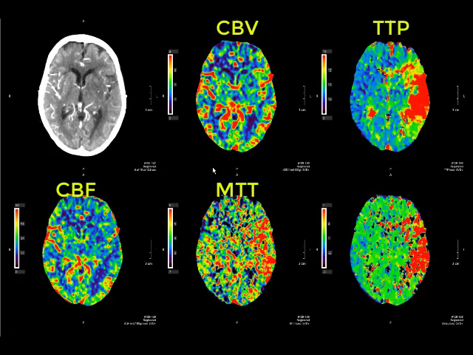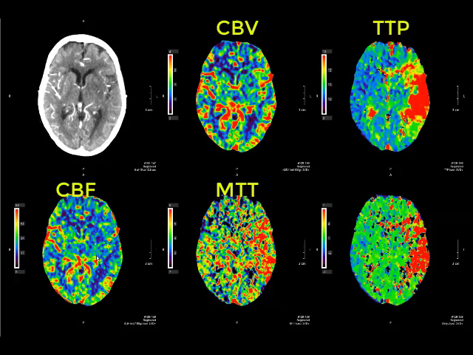So here you have another example where on the TTP image, you have this very large area of increased TTP, which corresponds to a large area of increased MTT.